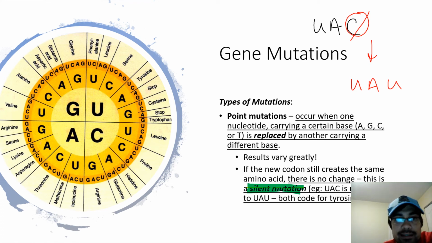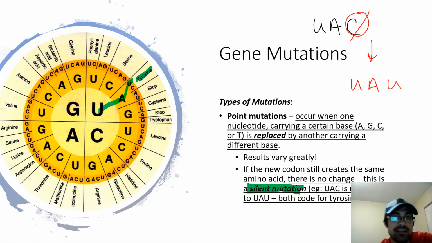UAC would code for tyrosine. Okay, great. If it gets changed to UAU by mistake, if you follow through the chart, it still ends up being tyrosine.